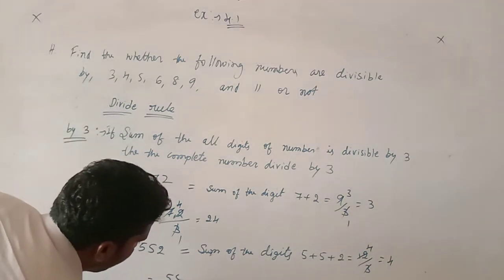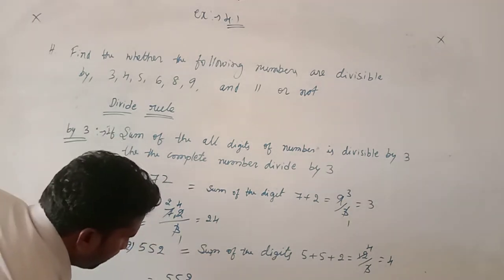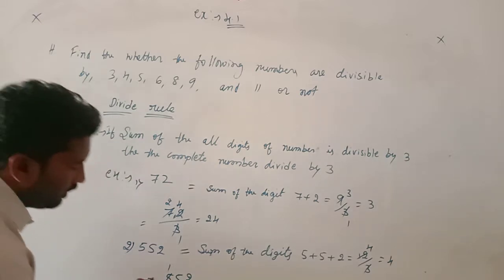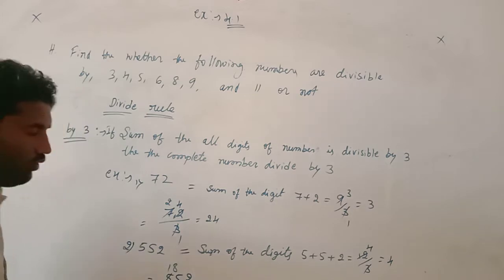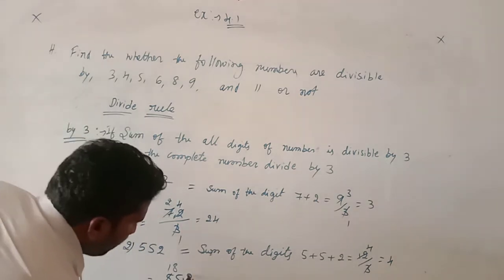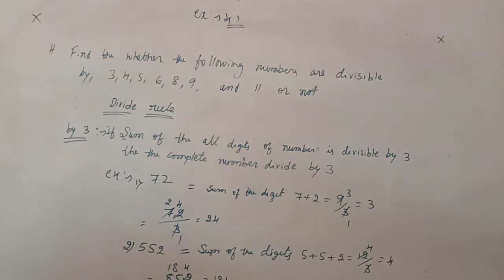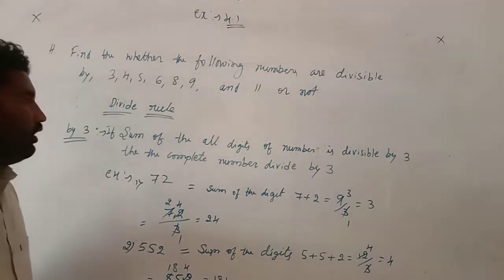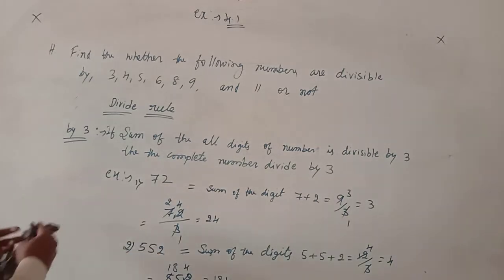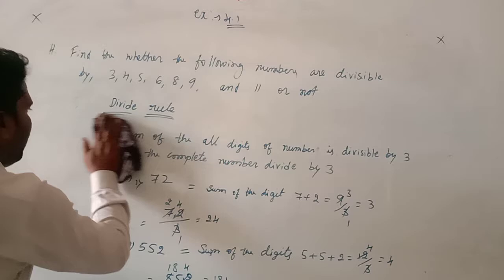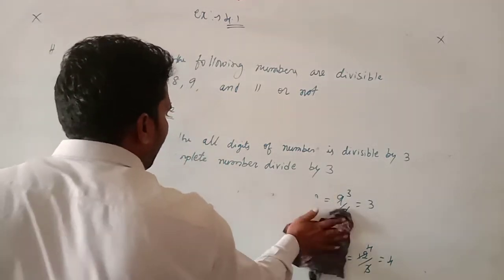So now 552: can it divide? 3 fives are 15, 3 eights are 24, so we get 184. So it is dividing. So we learned the rule for 3. Now I am teaching about the divisibility rule by 4.